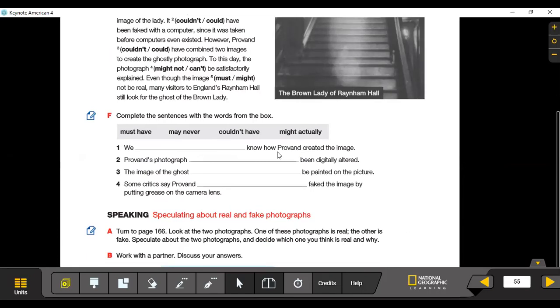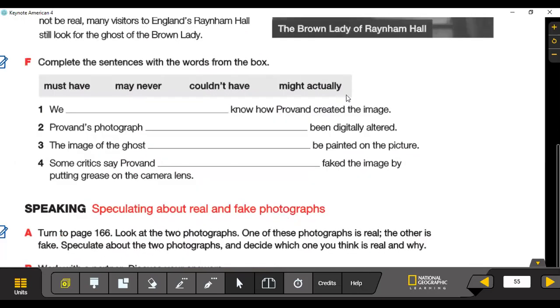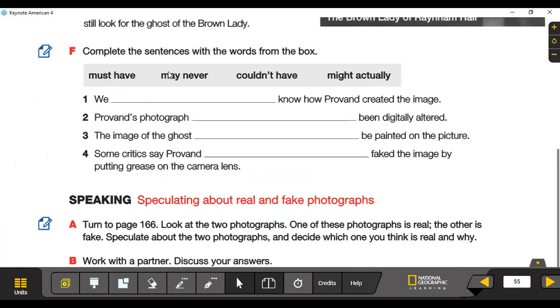What I want you to do is take a moment, read the sentences, and identify if it's deduction, probability, possibility, or impossibility, and if it's present or past. Okay? Tell me when you finish so we can check them.